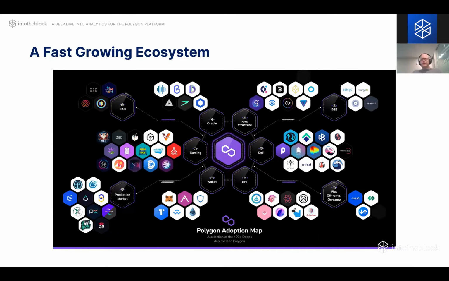When you look at the number of projects, recently the Polygon team is claiming over 500 popular dApps on the platform. Not sure if the number is correct, but what is very true is that it has become extremely popular for two main ecosystems. NFT and gaming has been huge, and there have been a lot of projects launching there, as well as DeFi.